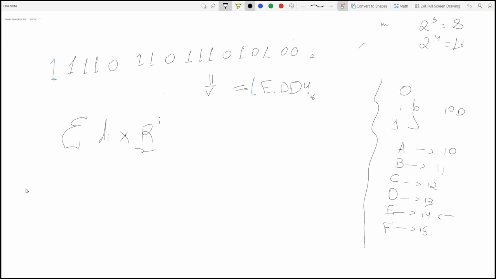Let's look at the following number in base 16, F1A3. Of course, we write the base in here.